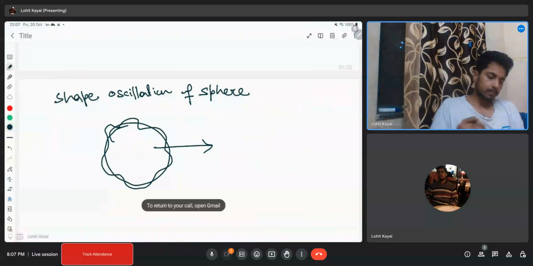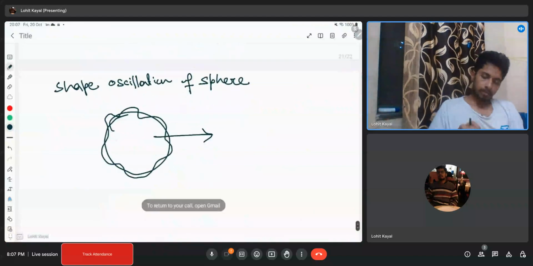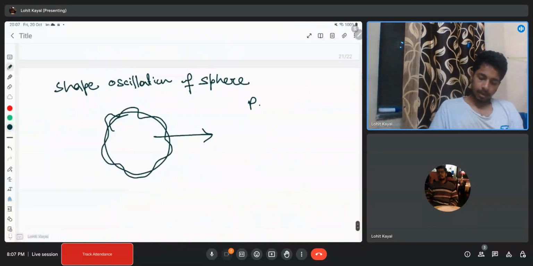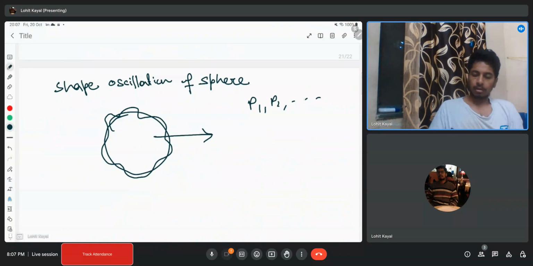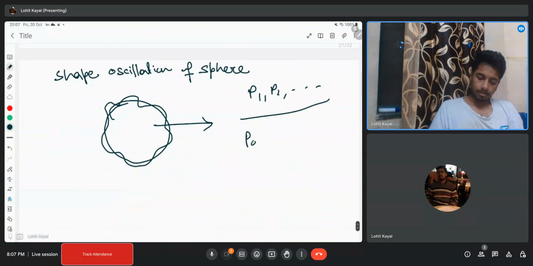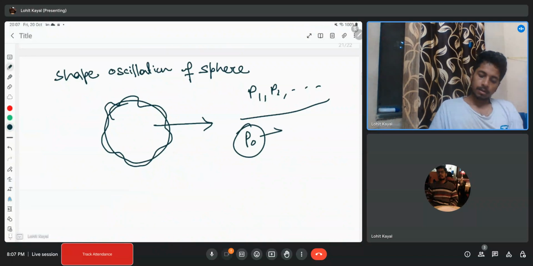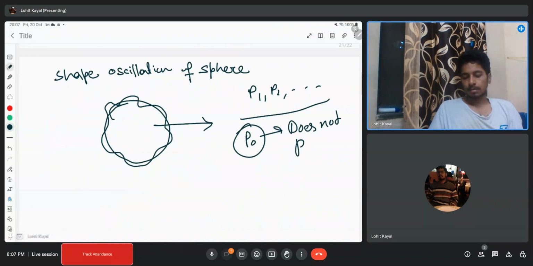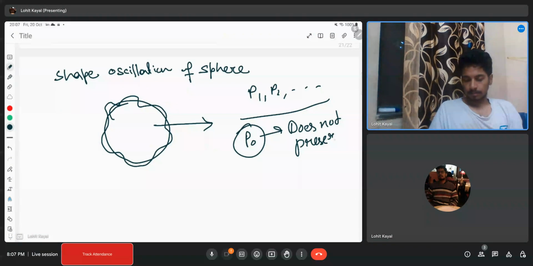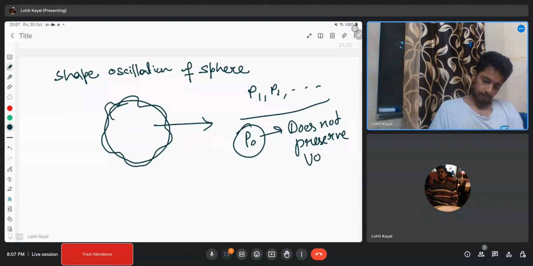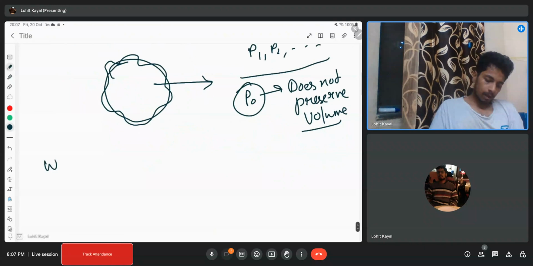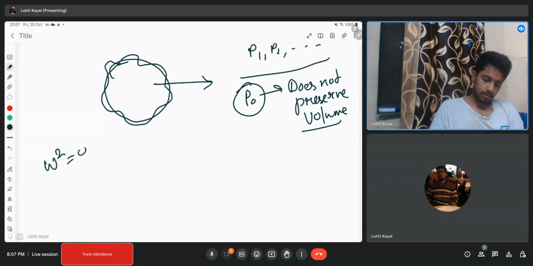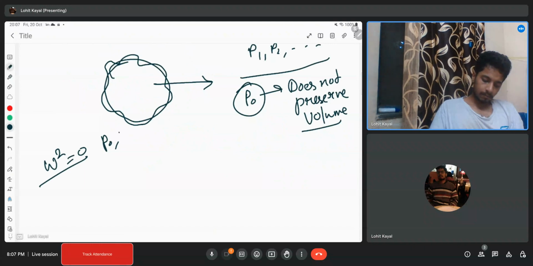Okay. So we have talked about the shape oscillation of a sphere, that P1, P2, etc. are all allowed modes, but P0 is not an allowed mode because it does not preserve volume, and omega squared is equal to 0 for P0 and P1 as well.